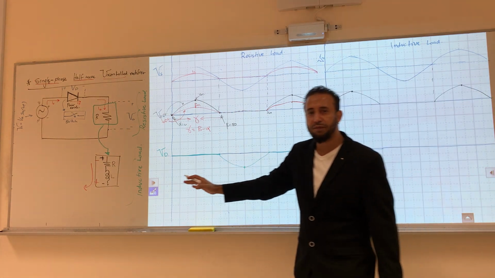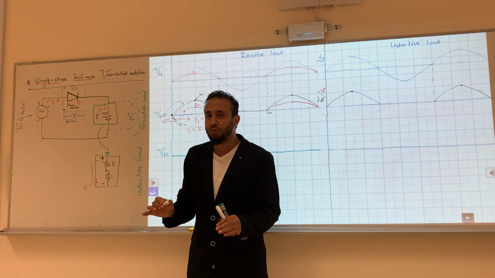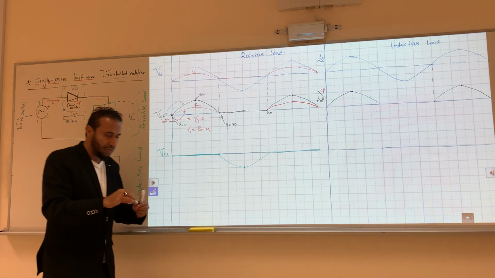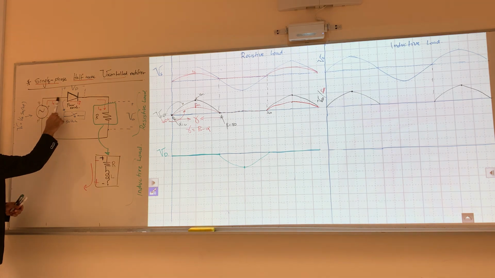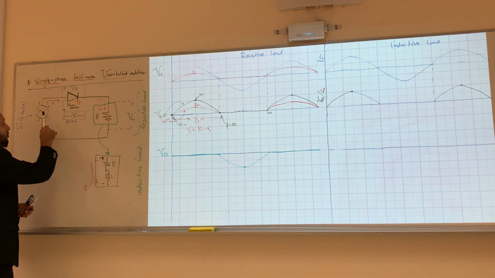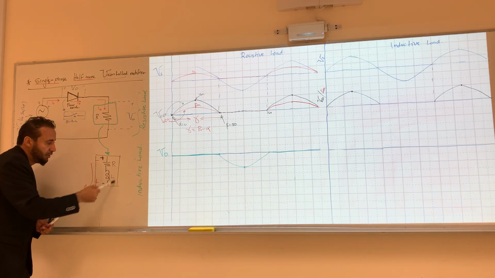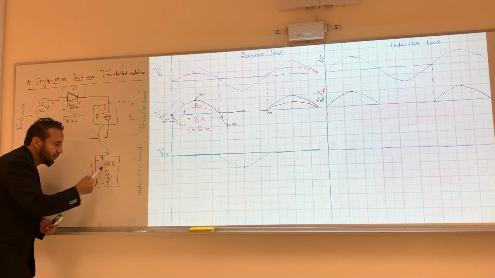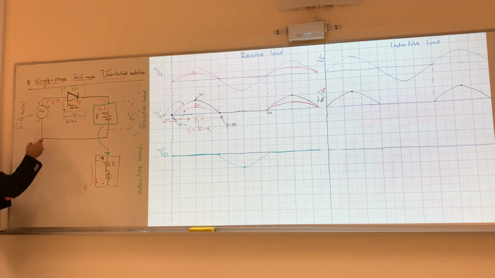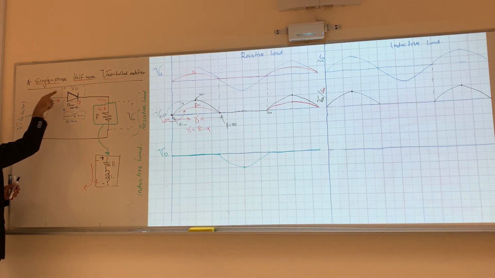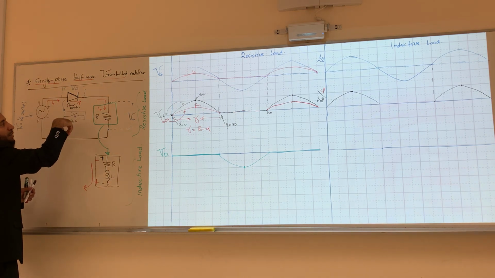Since we have inductive, as I told you, inductive will work as a source. First, let me repeat this. When the current goes through, during the positive, this will store current, a magnetic field. And then, during the negative, nothing is going there. So what will happen?